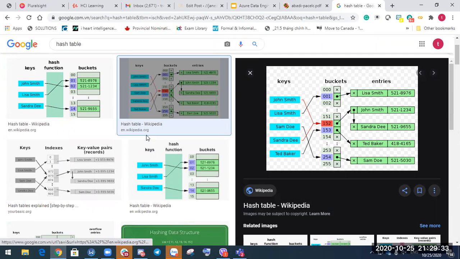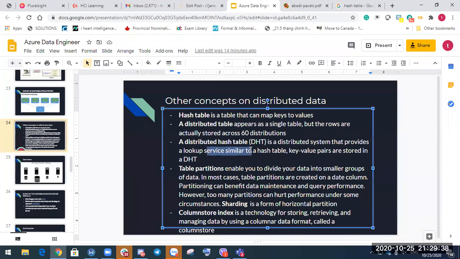To extend this, we have the distributed hash table. It basically means a distributed system that provides a lookup service similar to a hash table. When you talk about hash, there's always a concept of key and value pairs, similar to the hash algorithm too. Now let's talk about the distributed table.